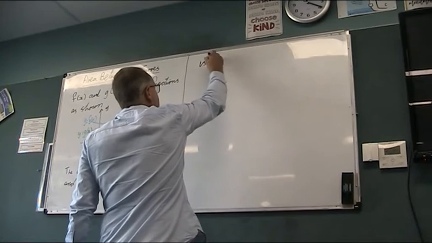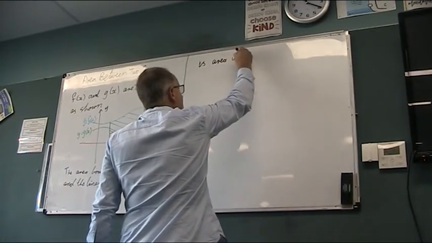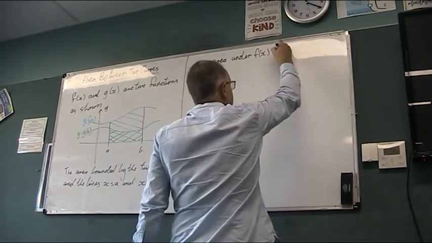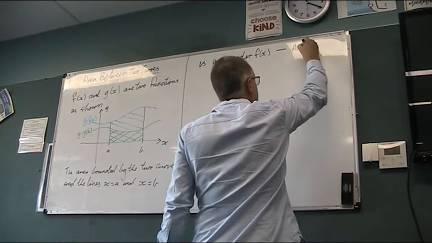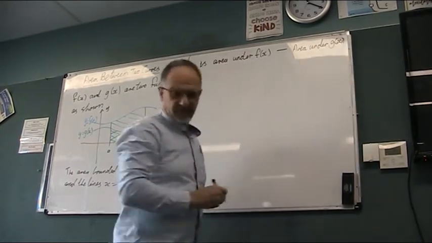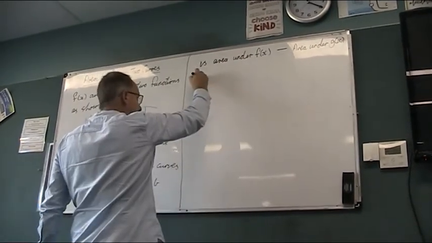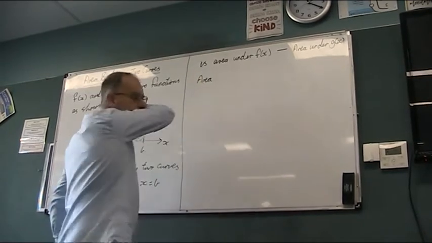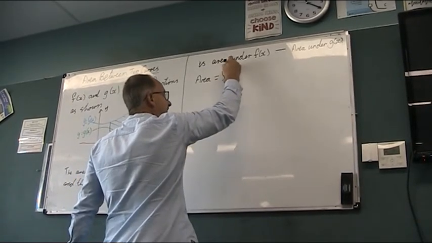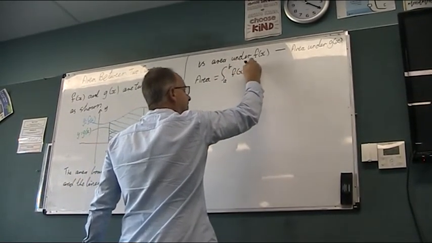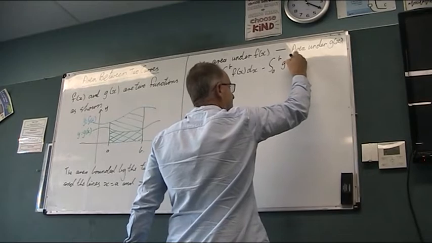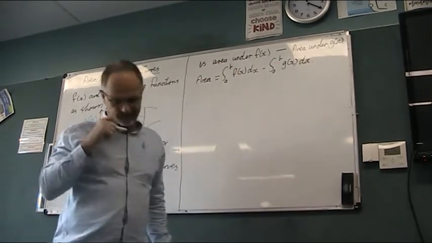So it is area under f minus, take away, the area under g. And so in terms of integral, it's the integral from a to b of f(x) dx minus the integral from a to b of g(x) dx.